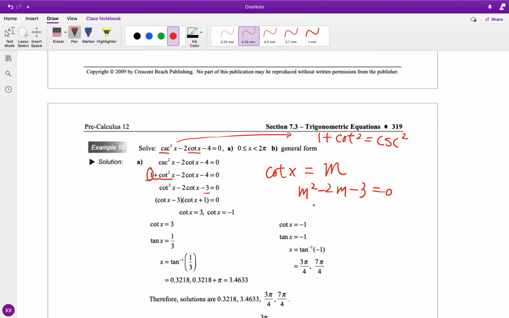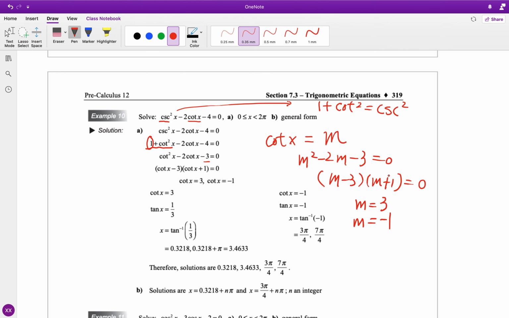That means factor: m subtract 3, m plus 1 equals 0. Therefore, m equals 3, m equals -1. And then bring the cotangent back here. That also means cotangent x equals 3, or cotangent x equals -1.